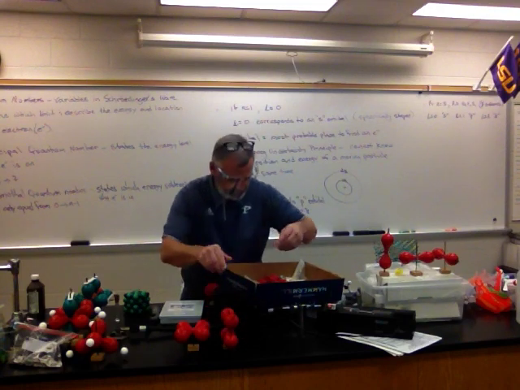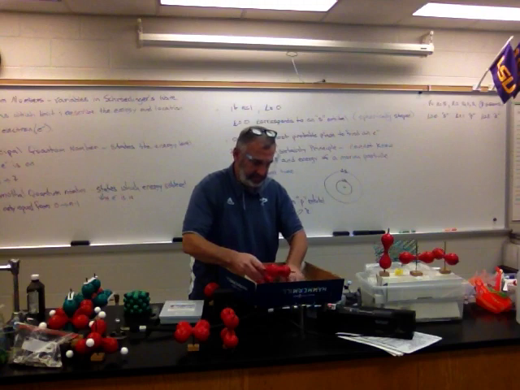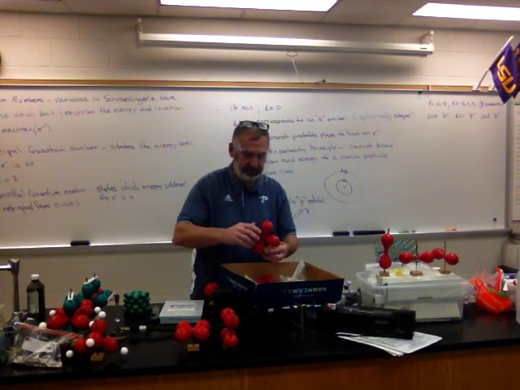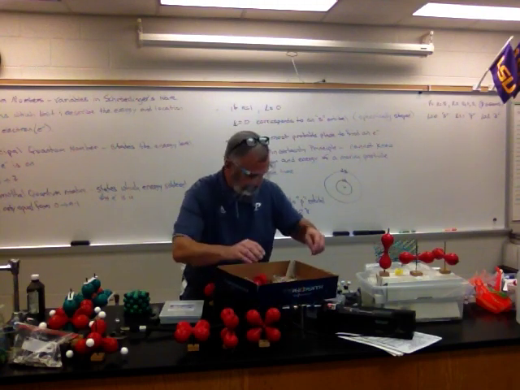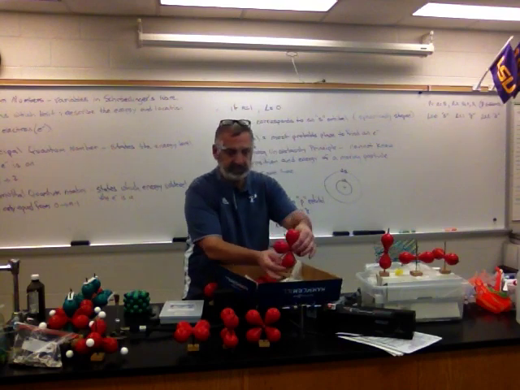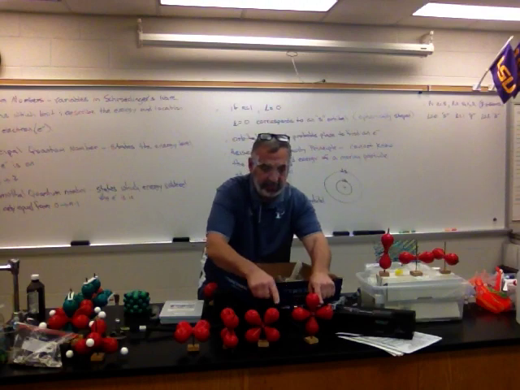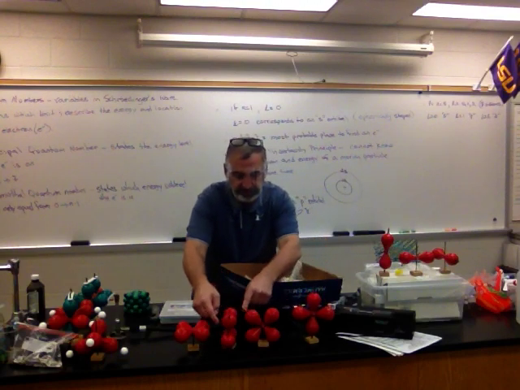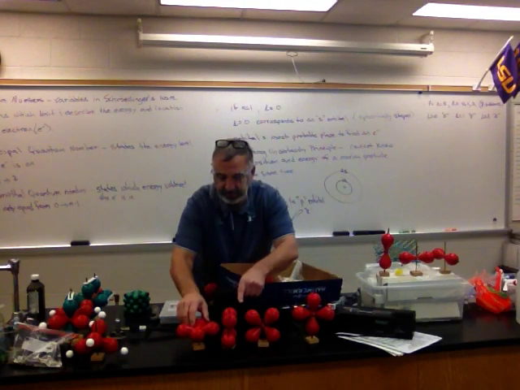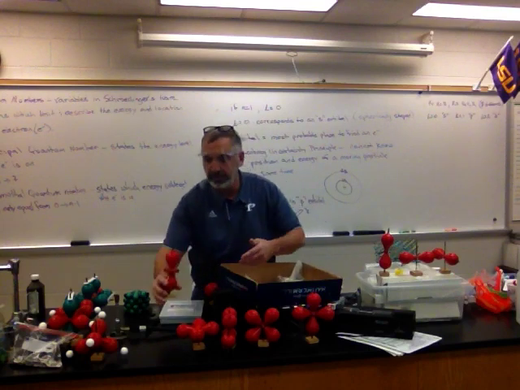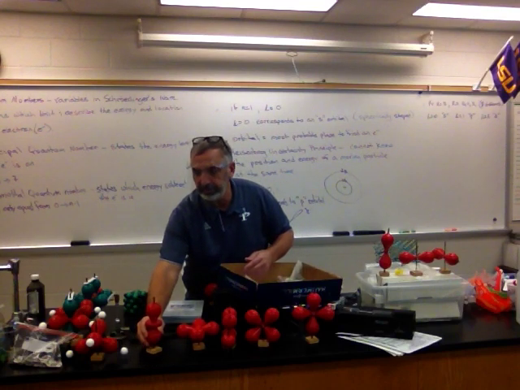It can look like that. It can look like this. It can look like this. Okay? Notice that this fits right into here. These all kind of fit in between here, like that. And then one looks like a donut, a p orbital with a donut around it.